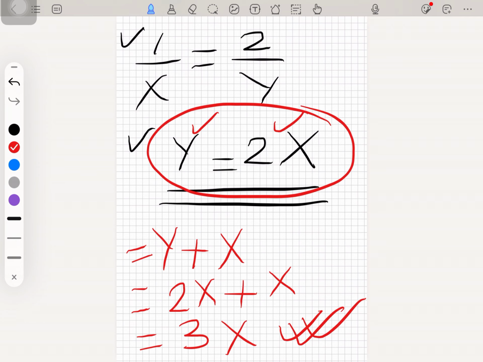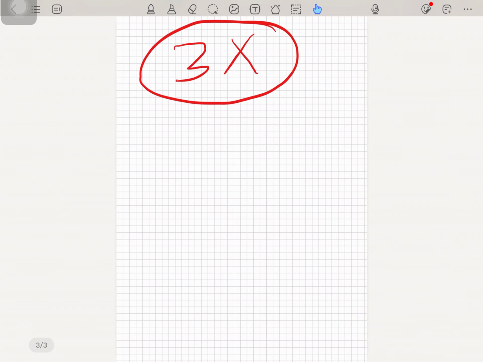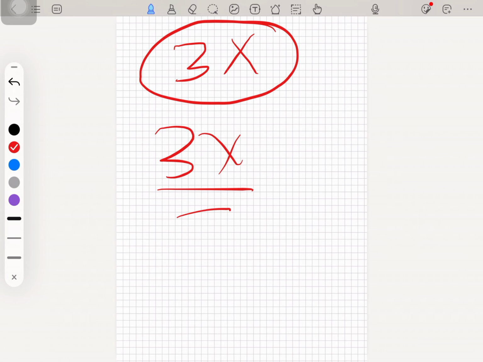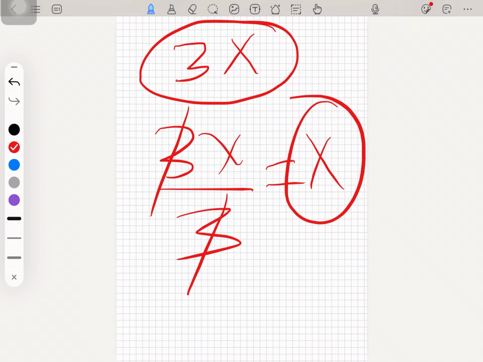So 3x, and what number will perfectly divide 3x? There may be other numbers, we don't know. But there is one particular number that will for sure perfectly divide 3x. What is it? It's obviously 3. 3x by 3, this 3 cancels this 3 and gives us a constant integer x.